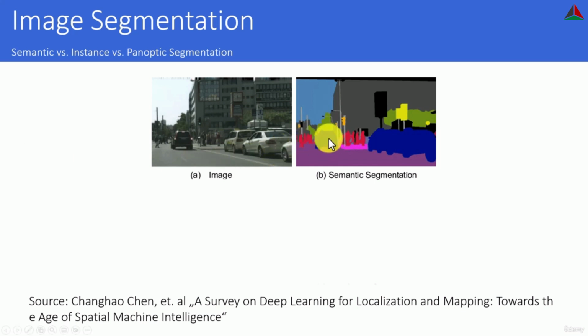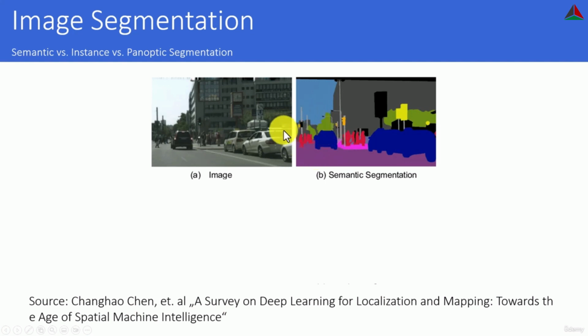We have the different objects, like the different cars in a certain color, and the street and the persons, but actually you cannot differentiate any of these cars. So basically all the cars are overlapping and they are considered to be just of the class car. Similar for the persons, there are many different instances of persons which you cannot differentiate, you just get the prediction on this class, which is person.